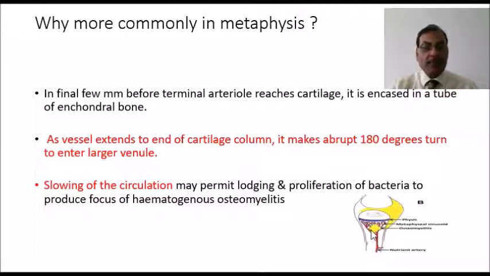This is also called hairpin arrangement of the arteriole and venule. Because it is a 180-degree turn, the circulation is slowed down, and then bacteria can lodge there and start proliferating. That is the first focus for the bacterial infection.